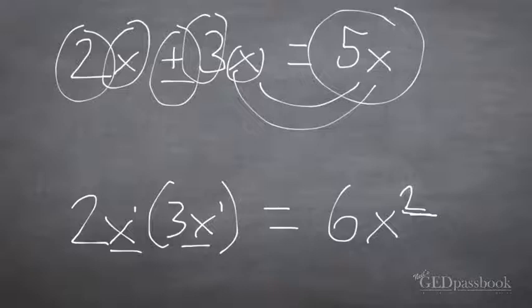But as long as you know, hey, if I'm multiplying terms with variables, any variable that's matching, as in the x and the x, we add its powers. Make sense? Yep.